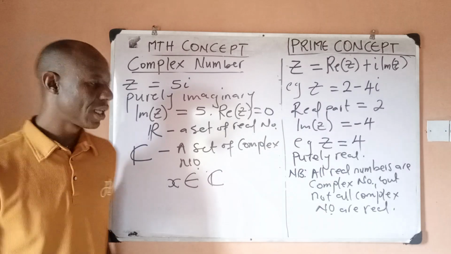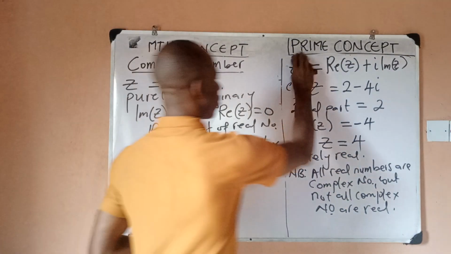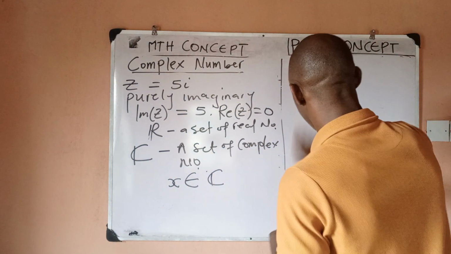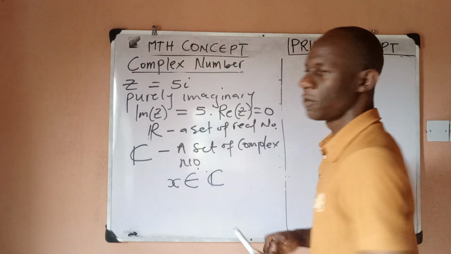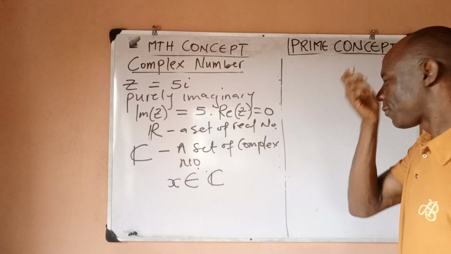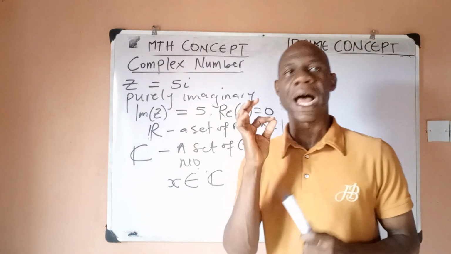Yes, and I'm going to take some problems as we move on. So quickly, let's still do some basic solving, then we can call it an end for the first introductory part of complex numbers. Now, we want to look at how to write numbers in terms of i.